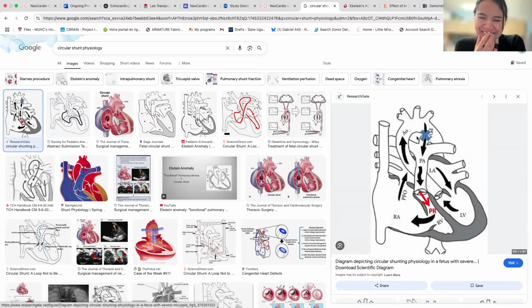So I don't really treat ducts in general, but that's one of the situations in which you want this PDA to restrict. And actually we sometimes, if we anticipate that there might be a circular physiology, if there's already significant pulmonary insufficiency in fetal life, so sometimes in fetal life they're able to already see that there's pulmonary insufficiency, they may even give NSAIDs to the mother antenatally to do transplacental treatment.